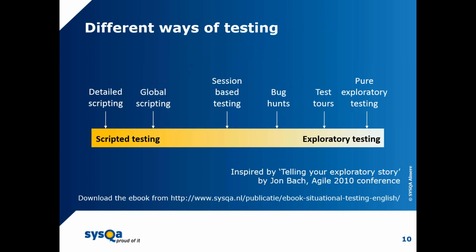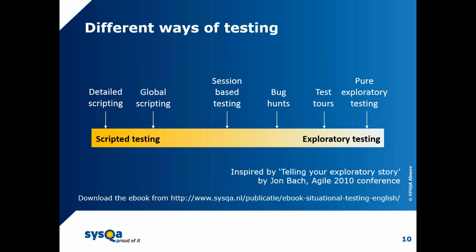You see a slide now with 6 different ways of testing, from detailed scripting to global scripting. Well, you saw them in the poll. Like I said, some ways of testing are really extreme on the scripted testing side, and some are really on the exploratory testing side, but there are also intermediate forms. And why did we put these 6 on the continuum?